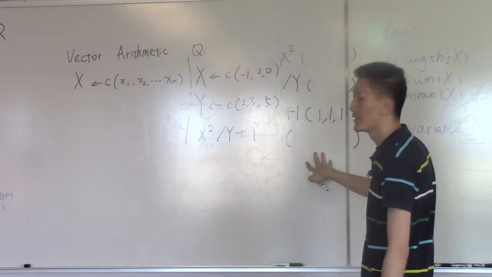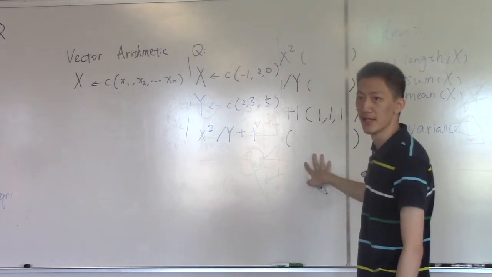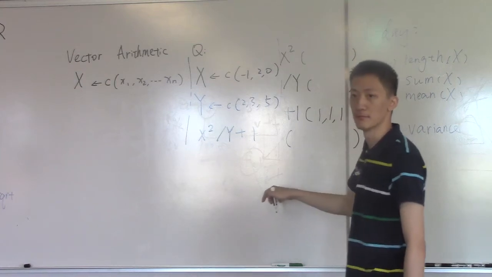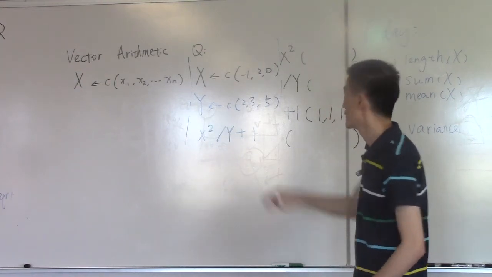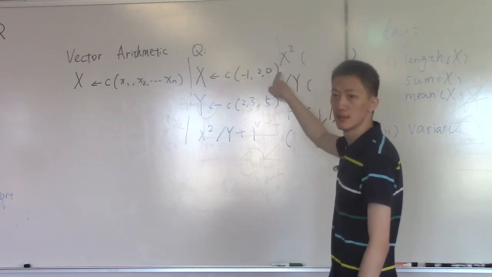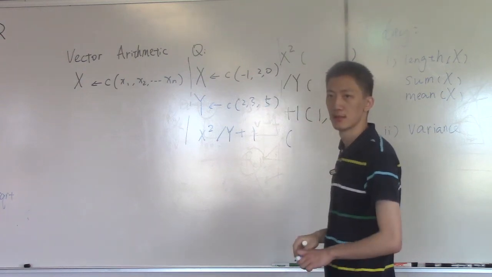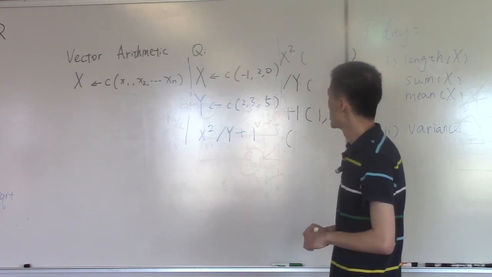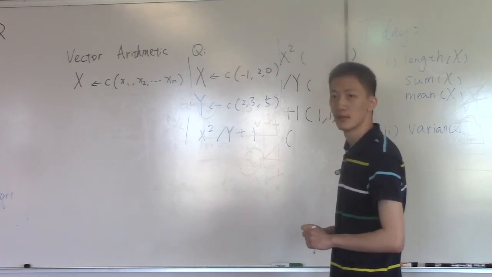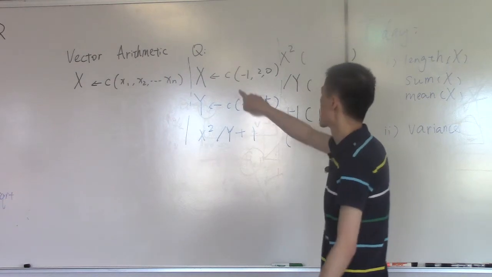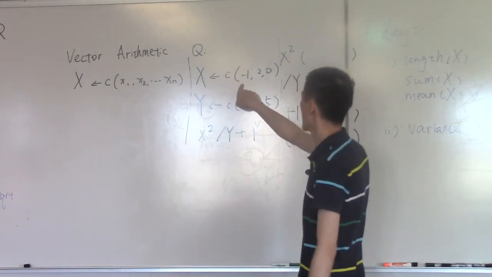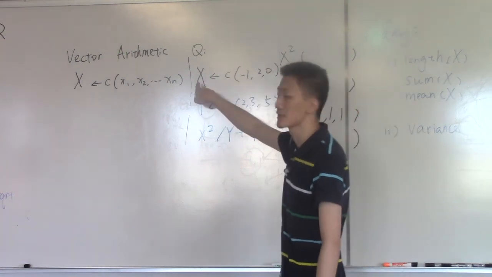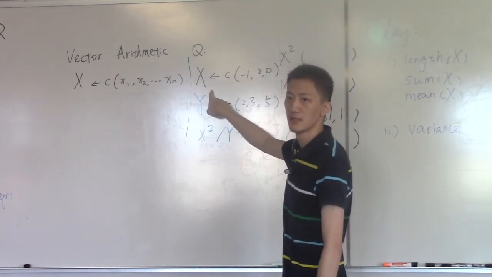I'm going to ask for a little help trying to understand this a little bit. Yeah, sure. If we just take the x, the top line. And so what does the c mean there? That's my first question. Oh, the c just means that we assign this vector minus 1, 2, 0 to this vector x. All right.